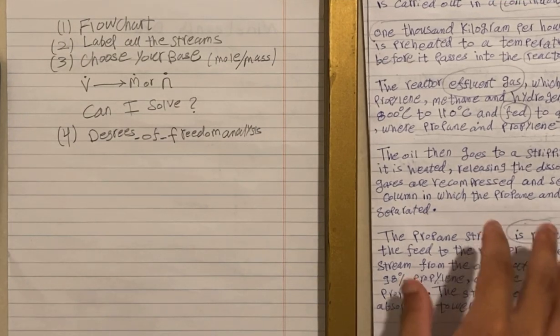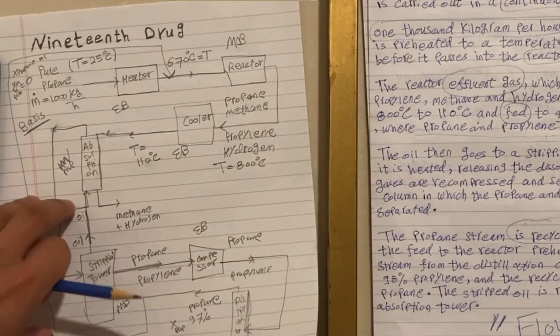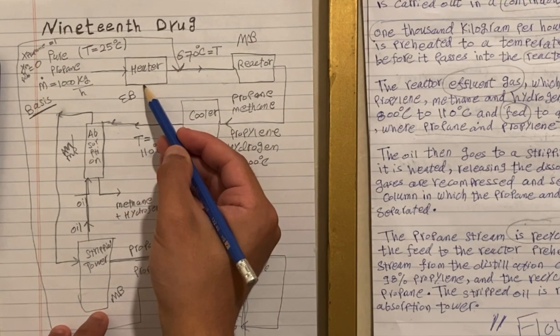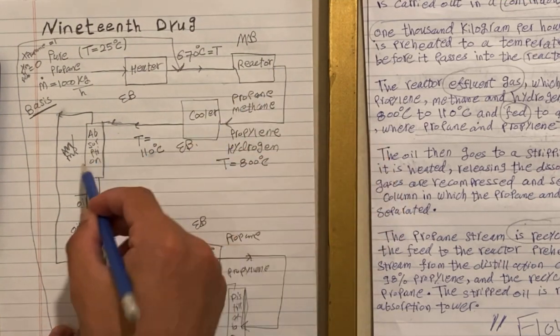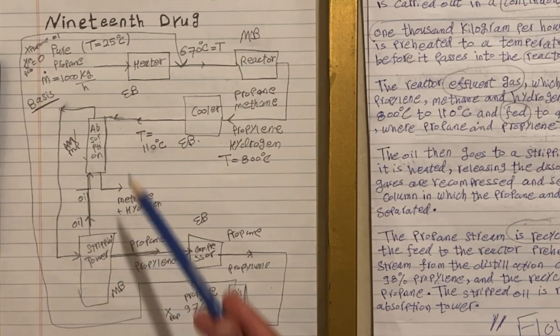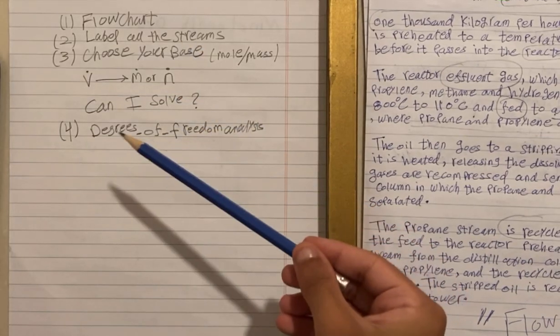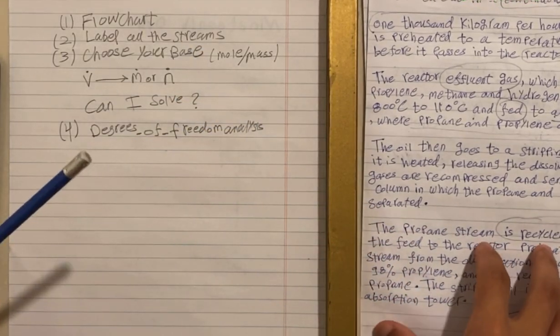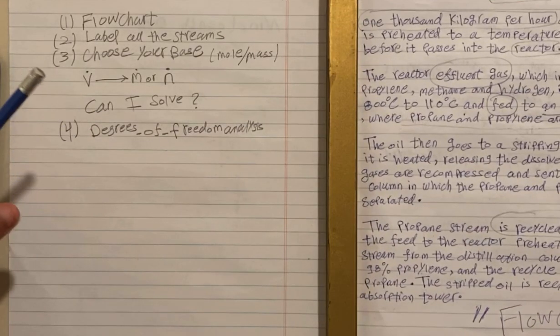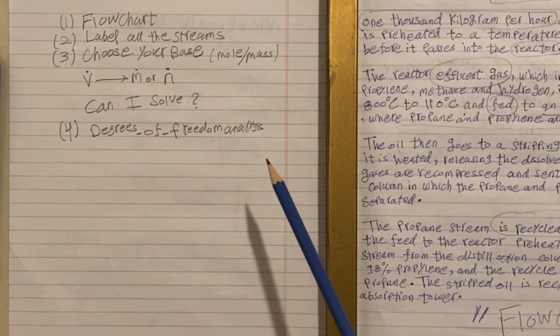How can we know that this very complicated plant is solvable or not? We need to conduct degrees of freedom analysis here, all the way in each block, to make sure that we have a solution. Each one of them must be done in order to solve a very complicated question in a simple way and with less amount of time.